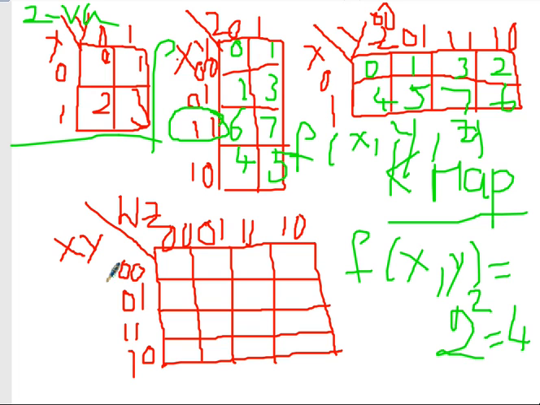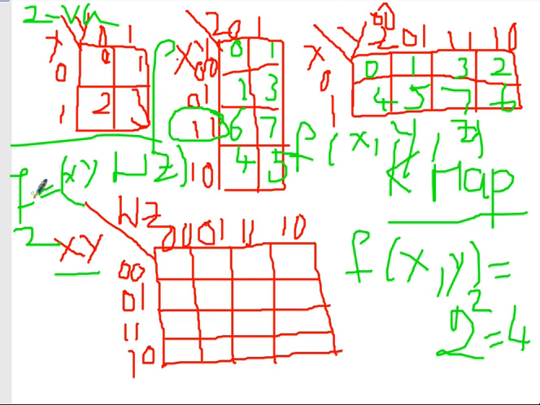Then for four variables, how do we write a function of x, y, w and z? Four variables means 2 to the power of 4, which is 16. So there are 16 blocks here. Again the combinations are in gray code: 0, 0, 0, 1, 1, 1, 1, 0, and the same along the other side.